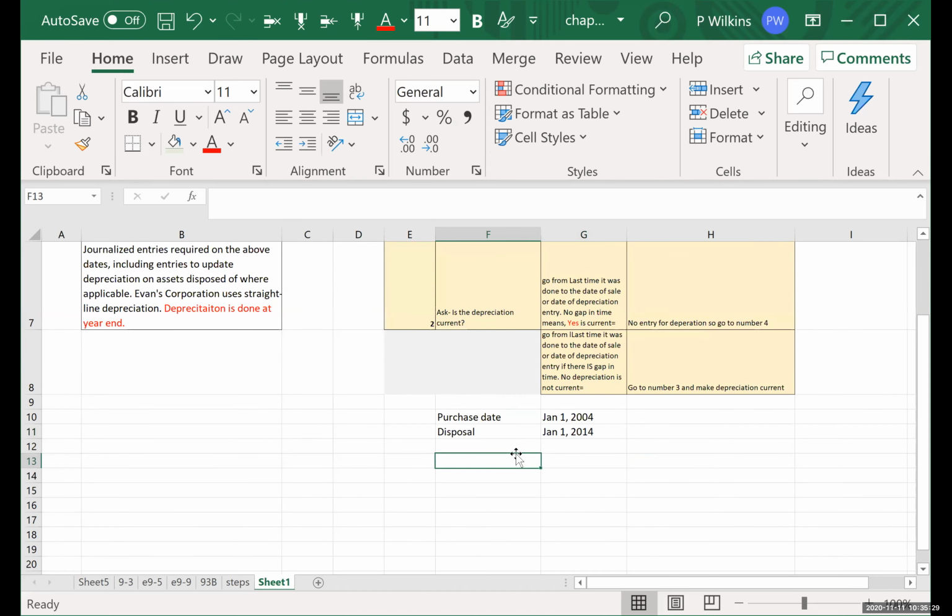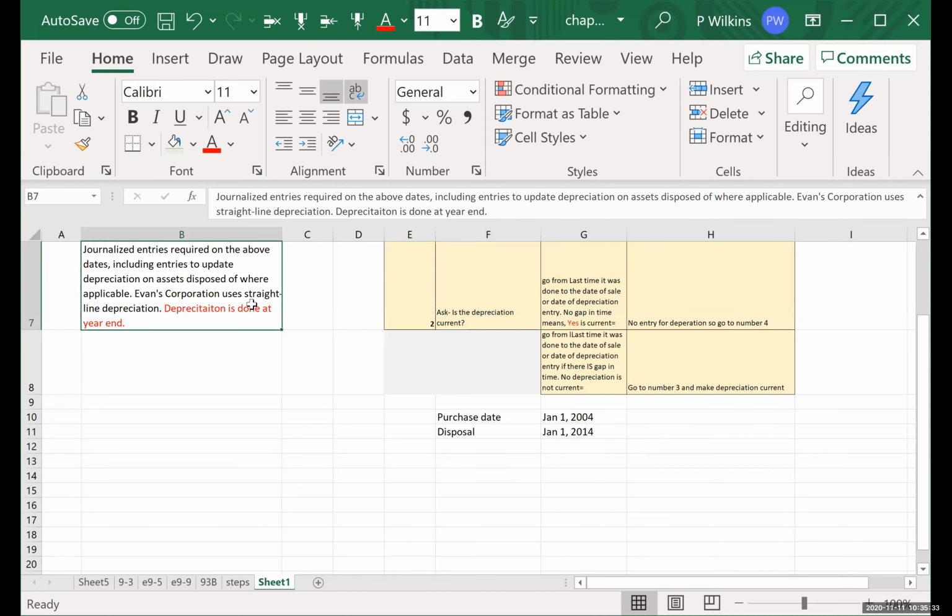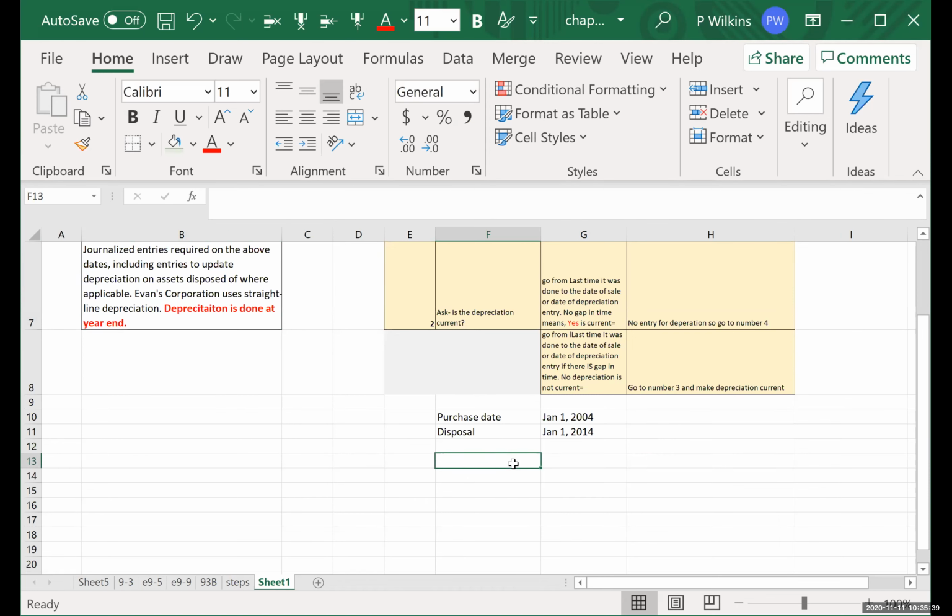So now we're going to say, okay, when was the last time depreciation was done? In this problem, it tells you depreciation is done at the end of the year. So we have to go back and figure out when was depreciation done for the whole life of this asset.